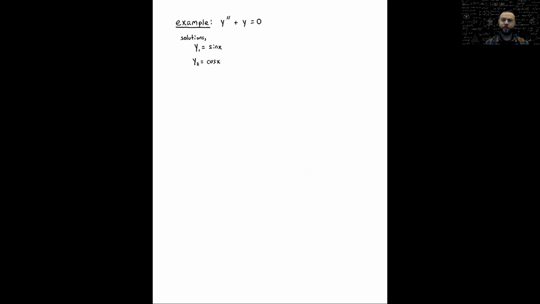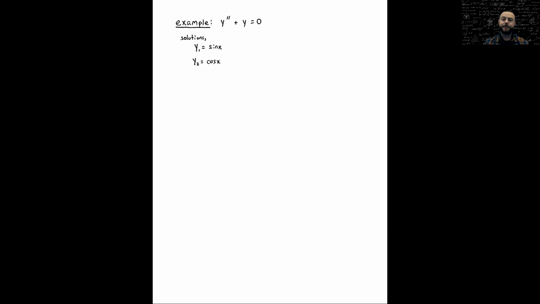So how could it get any more complicated? Let's go back to our motivating standard second order ODE, y double prime plus y equals 0. We do know that y1 equals sine of x and y2 equals cosine of x are solutions to this differential equation.